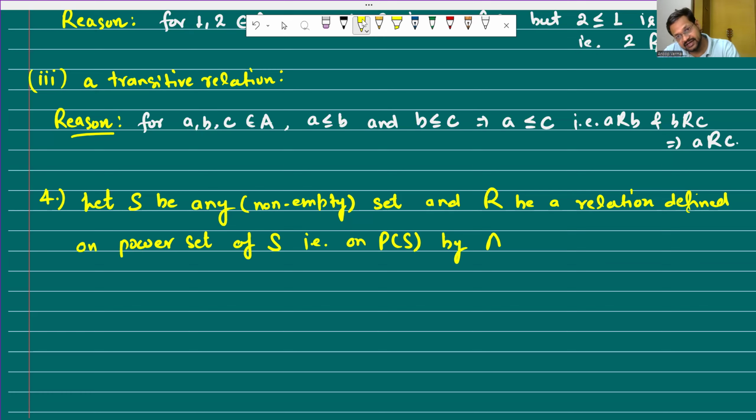So a subset A of set S is related to B if and only if A is a subset of B. It will relate only when A is a subset of B, for all A and B in the power set. Okay, then what about R?